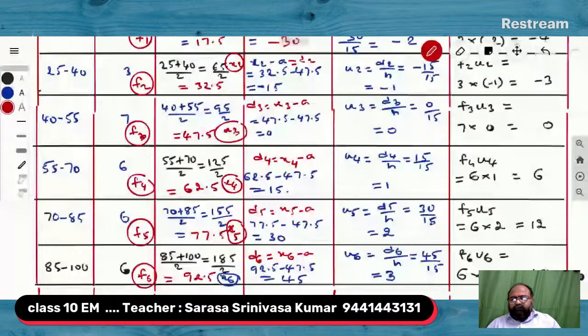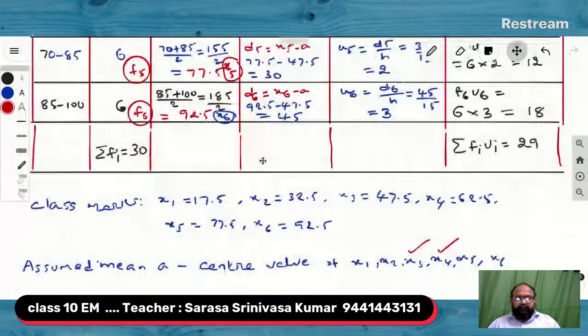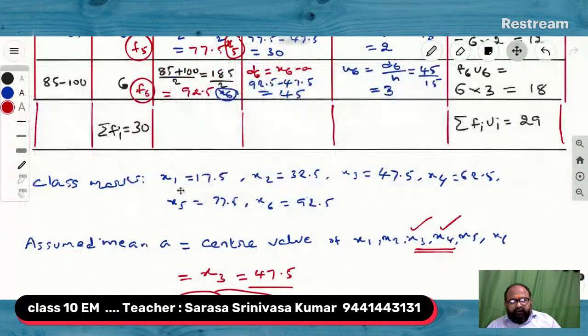We note down x1, x2, x3, x4, x5, x6 here as the class marks obtained. Now, what is the assumed mean?